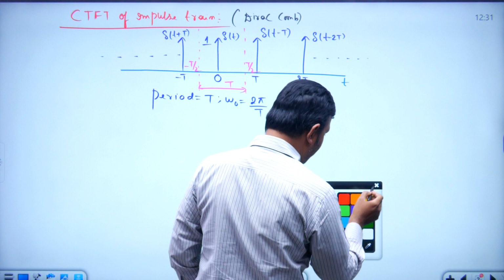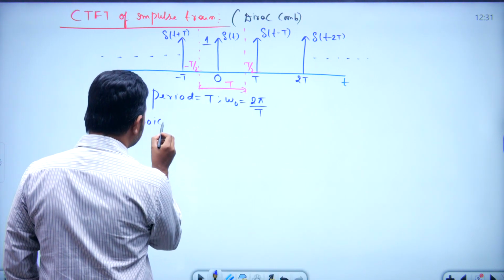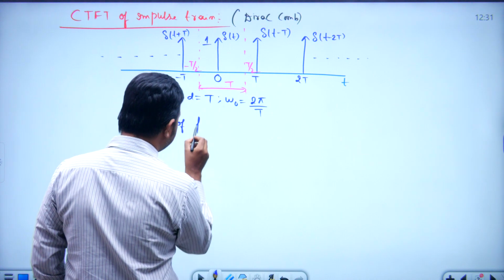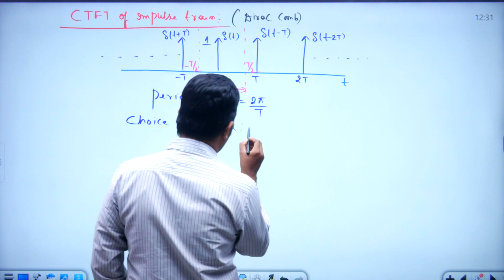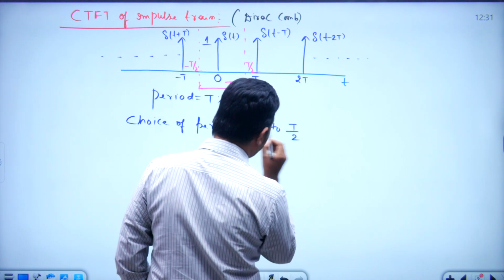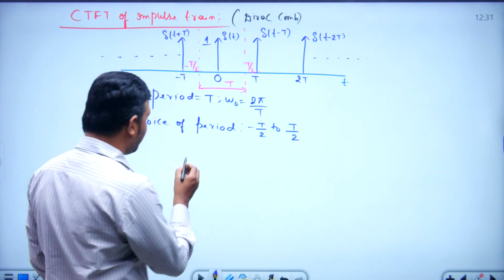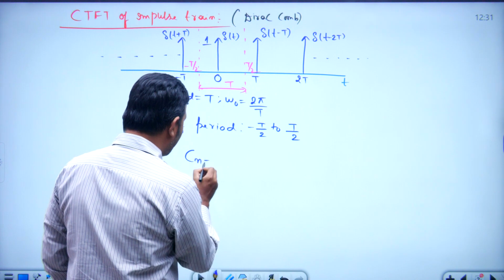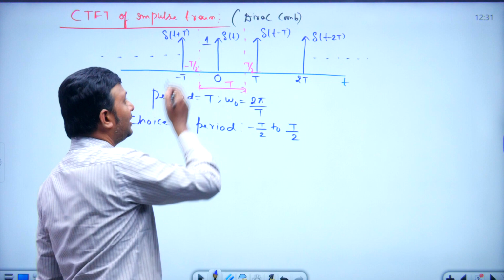So here I will write: choice of period is minus T by 2 to T by 2. And how do we calculate the exponential Fourier series coefficient Cn? Select one period, and in that observe what signal is present.